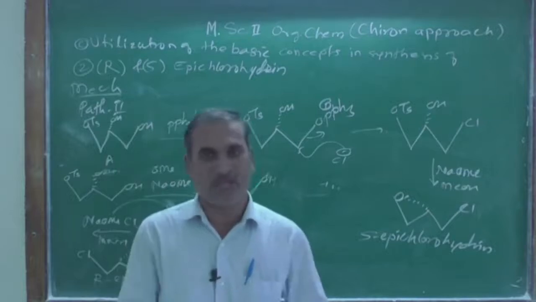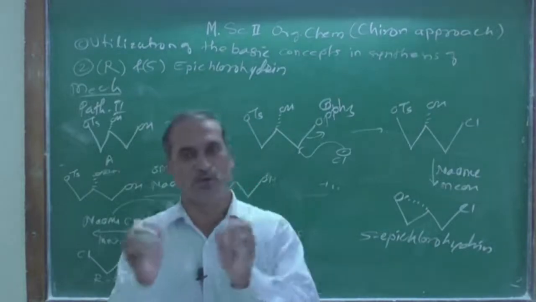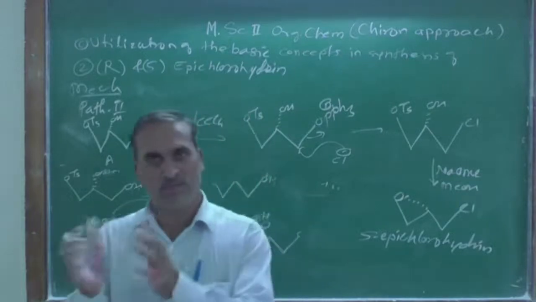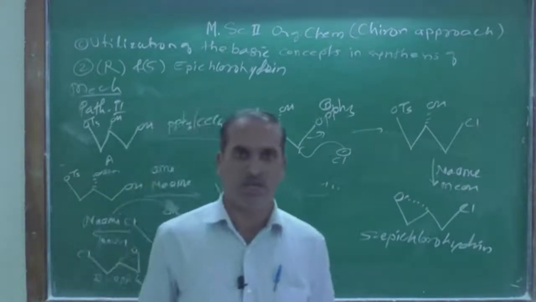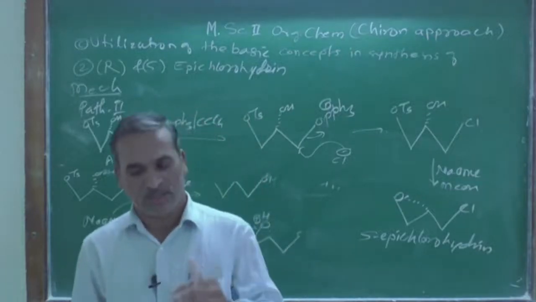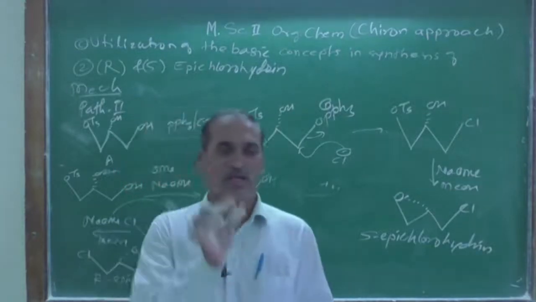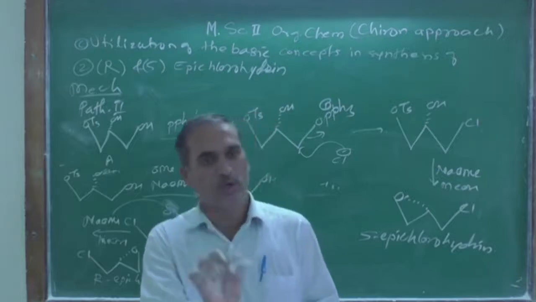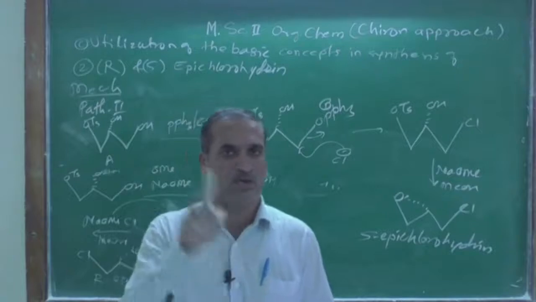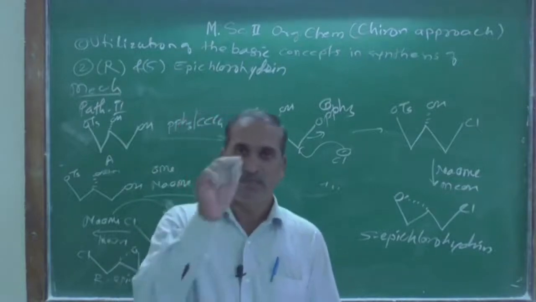Number one, the reagent we have used is sodium borohydride in presence of methanol, right? The sodium borohydride is used to reduce the carbonyl group into alcohol. Second reagent used, acetone in presence of H plus.